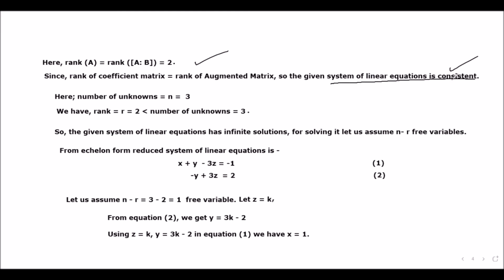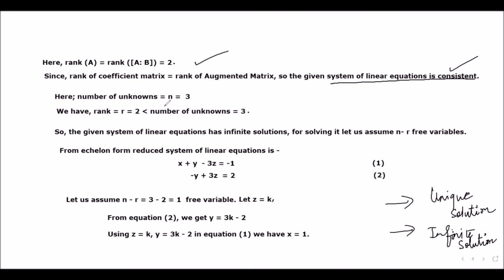Now, when it is a case of consistency, we have two cases. It may be a case of unique solution or a case of infinite solutions. So now we need to check whether it is a case of unique solution or infinite solutions. See, if the rank is equal to the number of unknowns, then it is a case of unique solution. But if the rank R is less than the number of unknowns, then it is a case of infinite solutions.